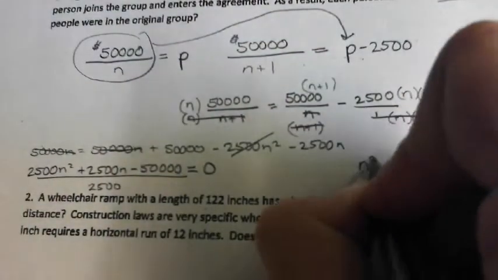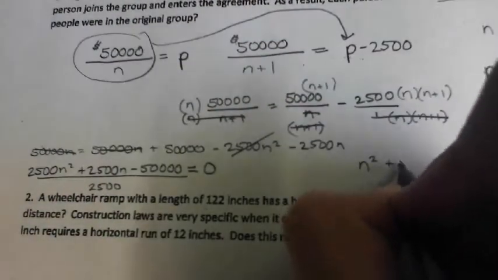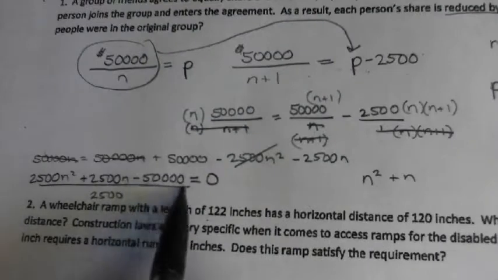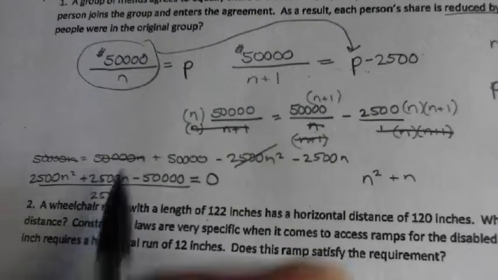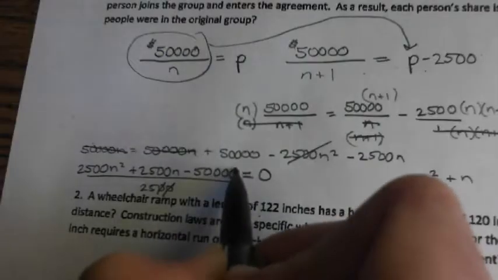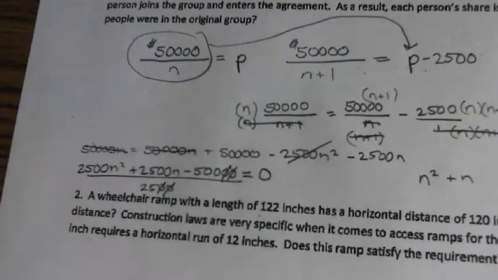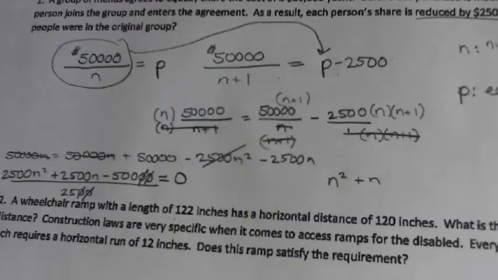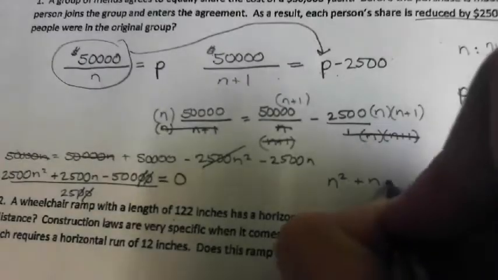So I'll just have N squared plus N. And when I do the 50,000 divided by 2,500, just to be clear that we're getting this right, I'm going to cross off 2 zeros from each. And then how many times does 25 go into 500? Well, 25 goes into 100 4 times. And so I have 5 of these hundreds, so 4 times 5 is 20. So minus 20.